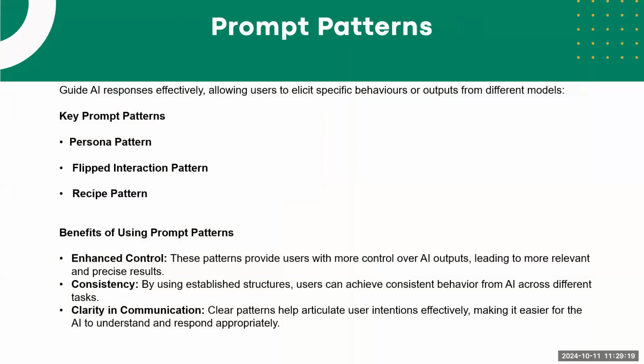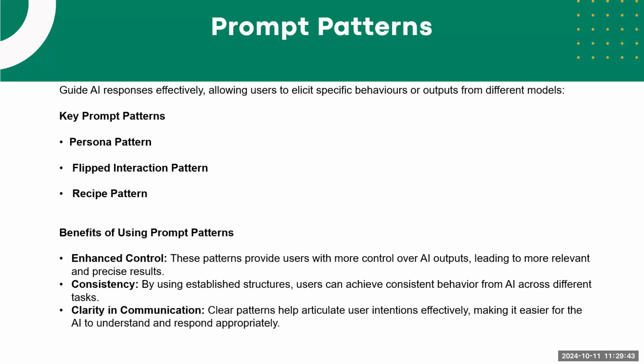Okay, so just also to talk about prompt patterns. This is a case where you apply a certain structure to the prompt. There are multiple ones, and I've made an example of just three; we'll see an example of each.